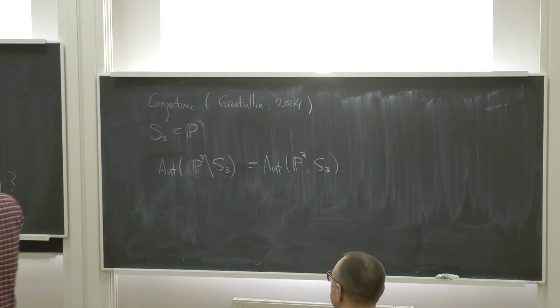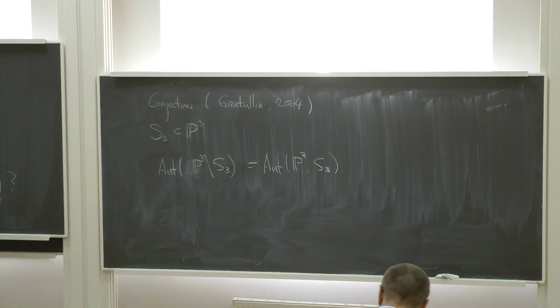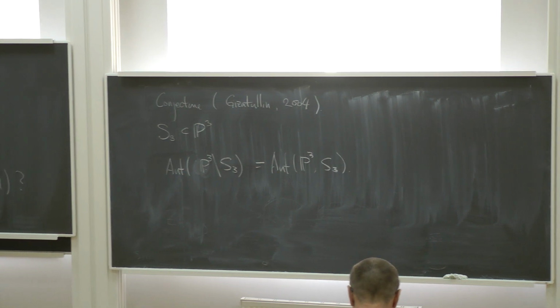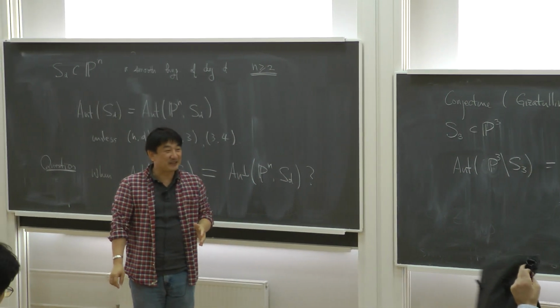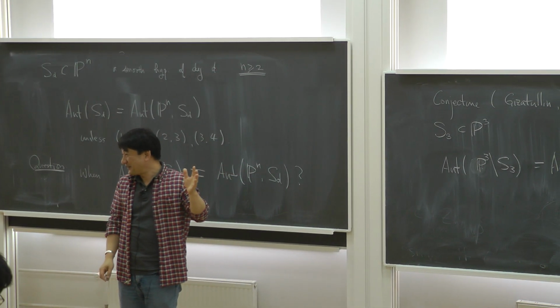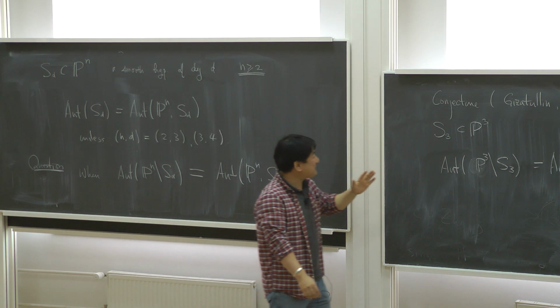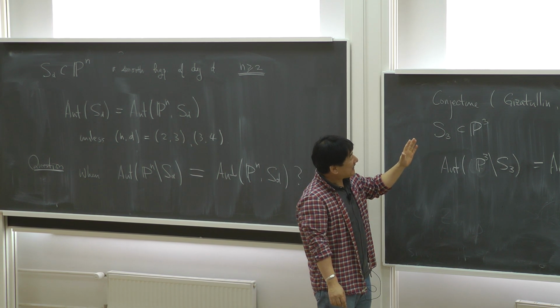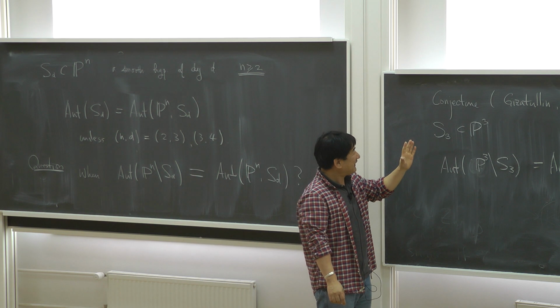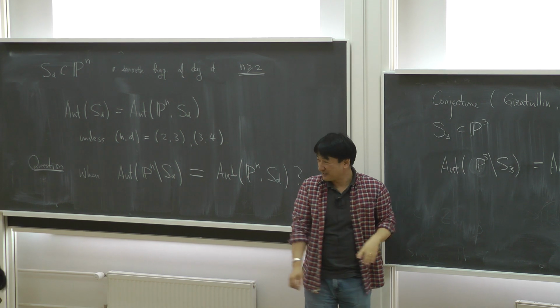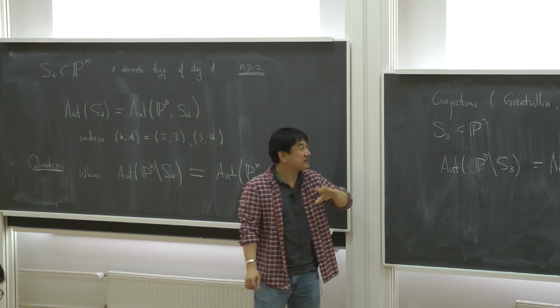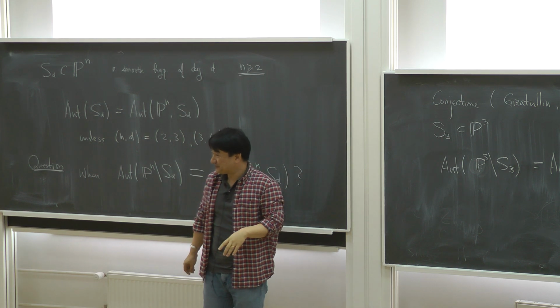All right. Here, I don't know why Gizatullin chose this cubic surface, but let me give you a reason why. This is my reason why he was supposed to choose this cubic surface for this conjecture.